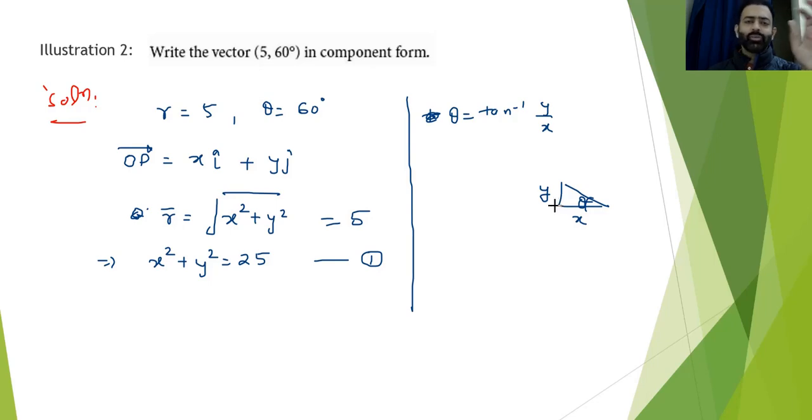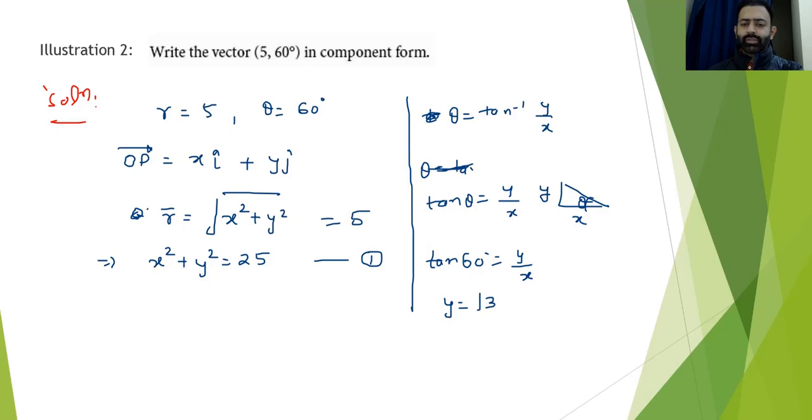So divide the corresponding y and x component of any vector, you will get the angle, or the direction. So theta in this case is tan inverse, tan theta is y by x, that means theta is 60, it is given, so tan 60 is y by x, tan 60 is root 3, so I will get y as root 3 x.